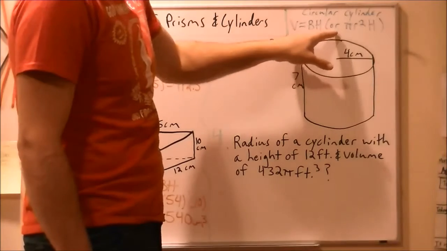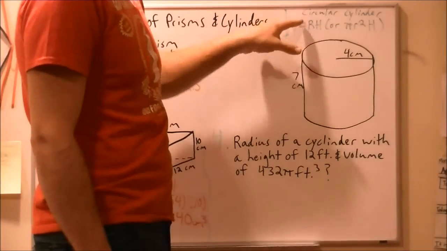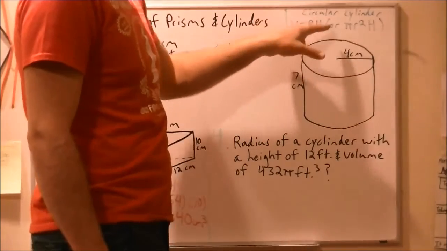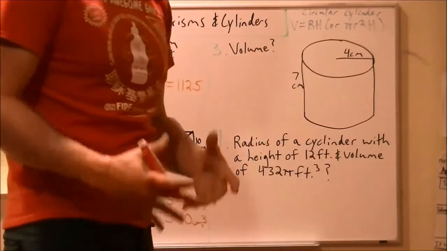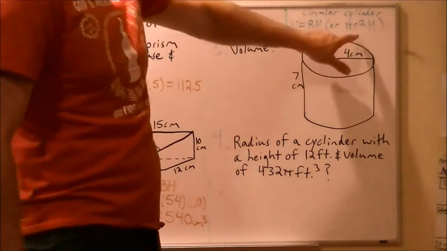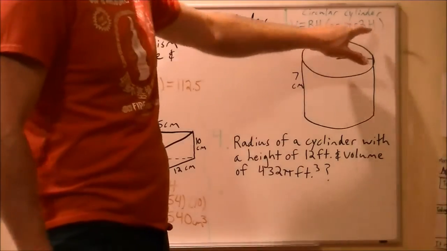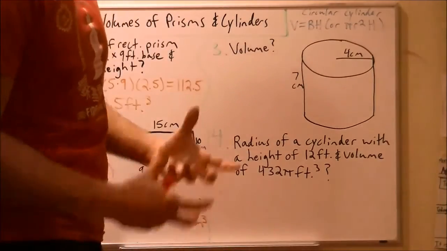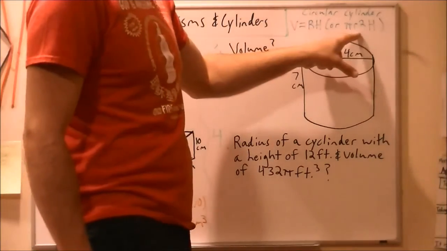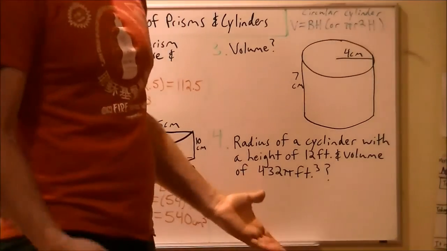However, there's an alternate formula: the area of a circle, for B here, is calculated by pi times the radius squared. Then go ahead and multiply at the end by the height. But the area of a circle is pi times r squared. Do I have r, a radius?